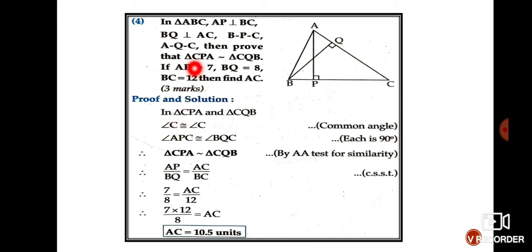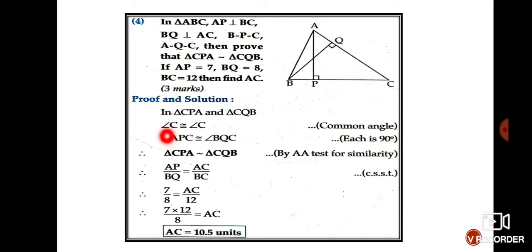Now consider triangle CPA, a right angle triangle, and CQB, another right angle triangle. So we write the two triangles, in triangle CPA and CQB. Now in APC and CQB, you can see C is a common angle.